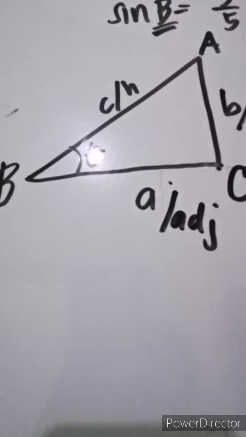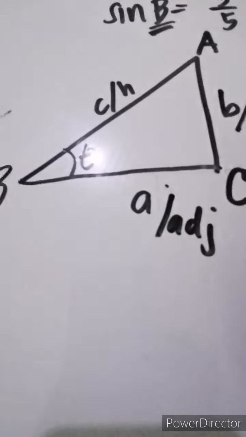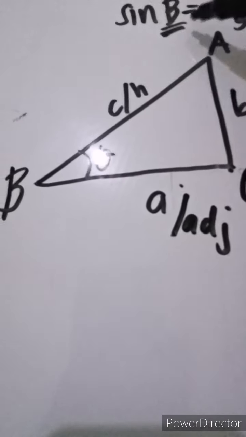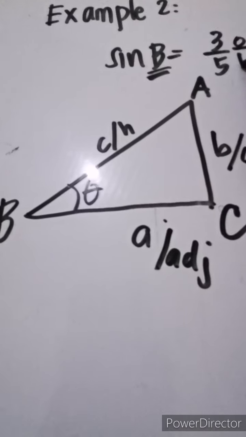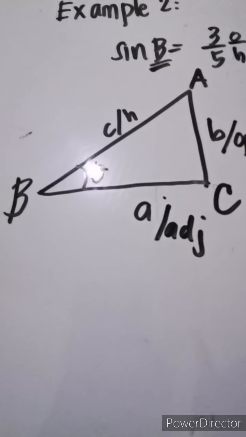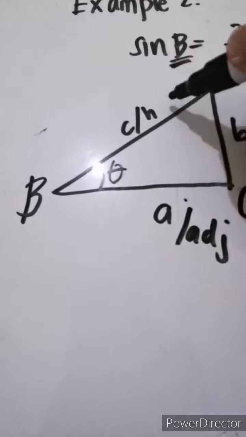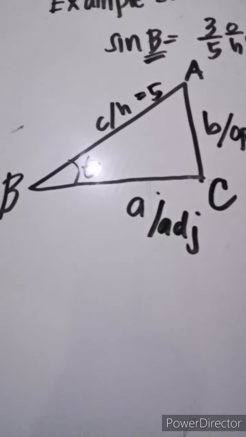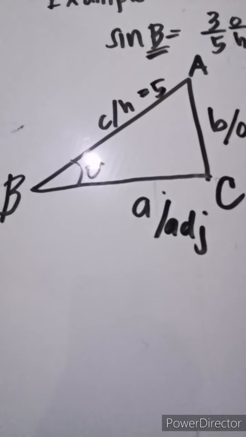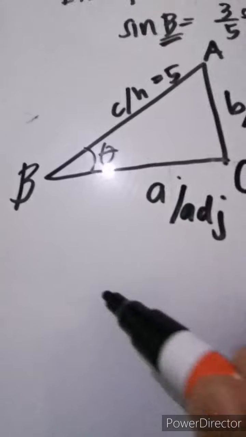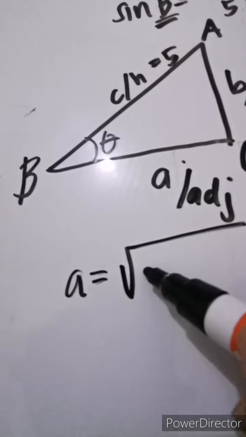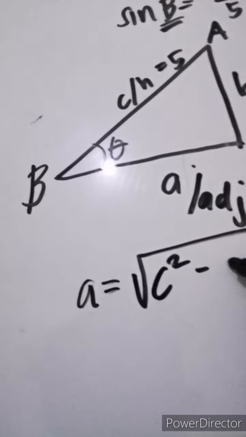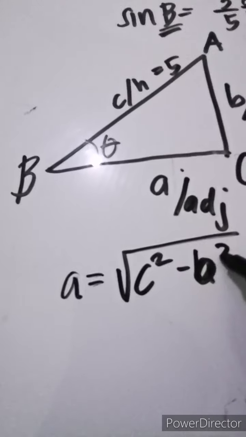Okay. So, lagyan natin siya ng label. So, dito sa ating triangle. So, sine B, di ba ang formula ng sine is opposite over hypotenuse. Therefore, the hypotenuse is 5. Our opposite is 3. So, we are looking for the value of A. So, kuhanin ulit natin, value of A. C squared is equal to B squared.